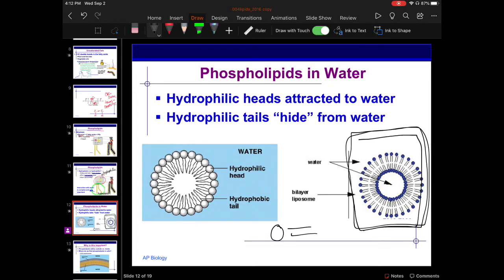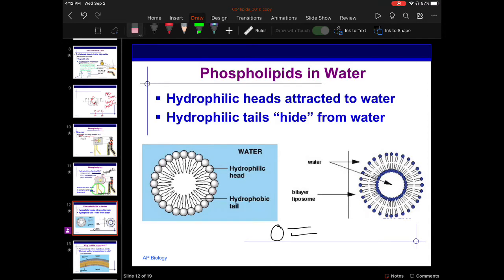And what you've noticed here is, what do you notice? You have layers of heads here and layers of heads here. So what does that mean? Well, it means that because both the inside and the outside can interact with water, I can carry things that are water soluble.